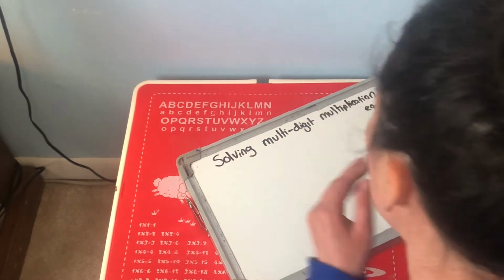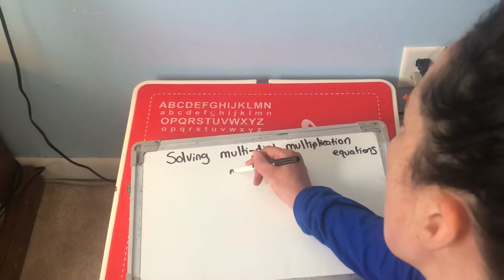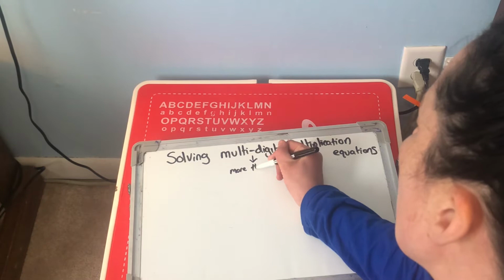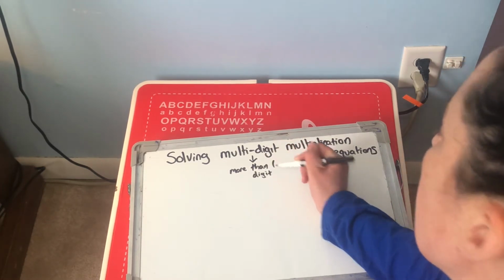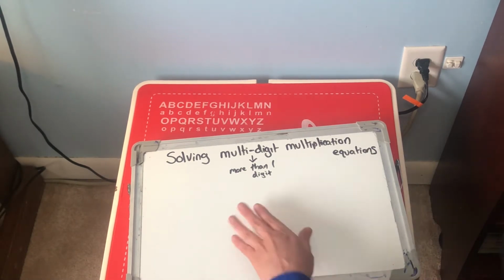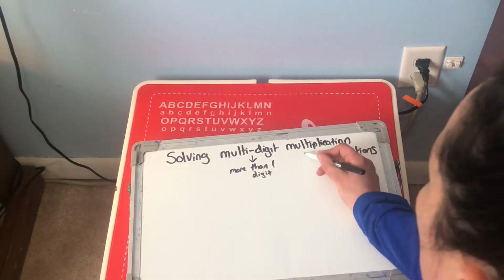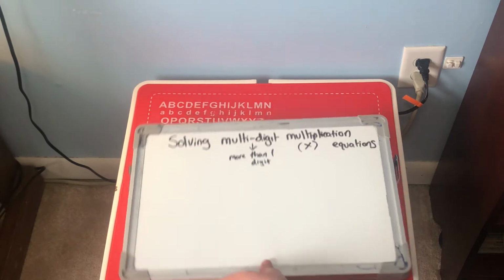And what does that mean? Multi-digit means that our numbers have more than one digit. They might have a ones place and a tens place, maybe a ones, a tens, and a hundreds. That's what multi-digit means. Multiplication means we're doing times, right?